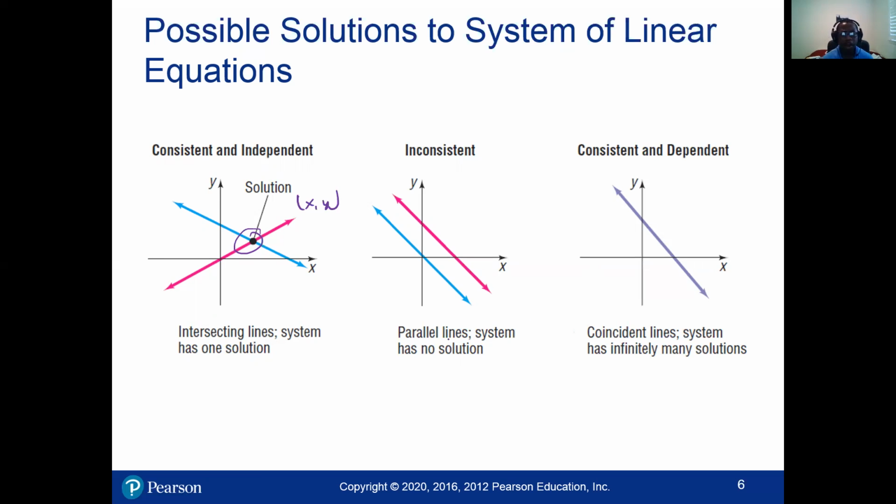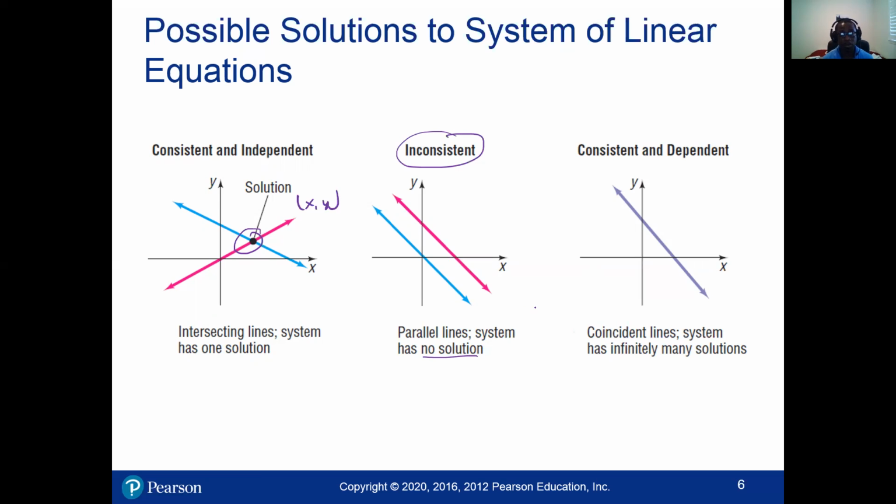Or you may have parallel lines, which when you draw them on the graph never intersect, they don't meet. So that is a system that has no solution.